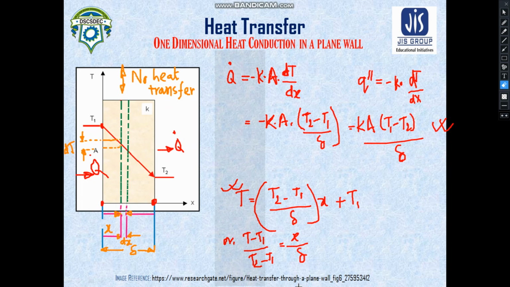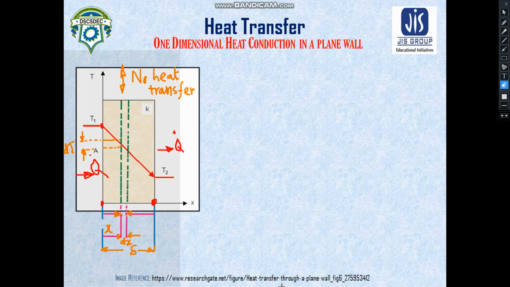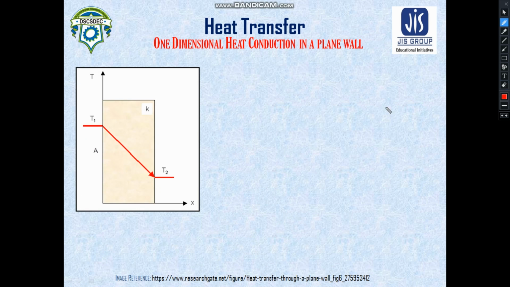So now let us see the alternative way to find out the heat transfer rate. Okay, so this is also an application of Fourier's law. I'm not going to say Fourier's law once again. I will write it here.